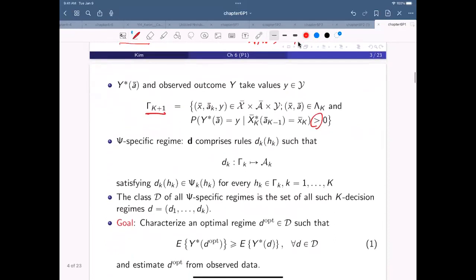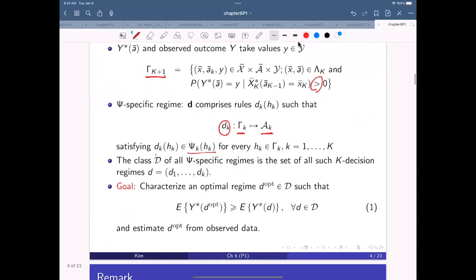Okay. And then we are restricting our attention to those with the domain gamma k to ak, and this one should be precise and specific.